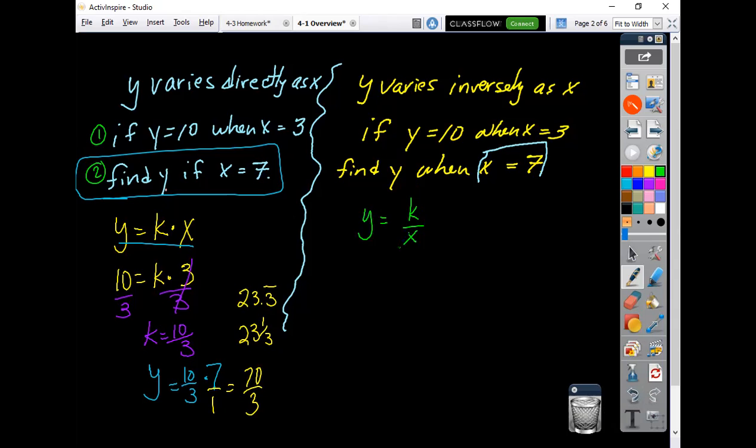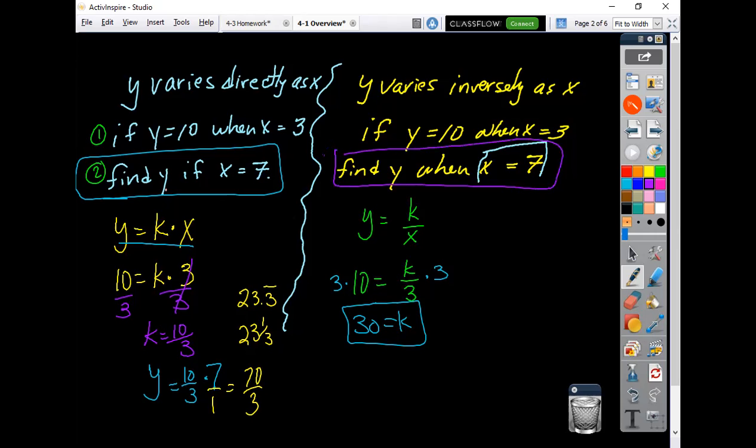And so when y is 10, x is 3, and then multiplying both sides by 3 to solve for k, k here is 30. Now the second piece of the problem: k is 30, x is 7, use those to find y.